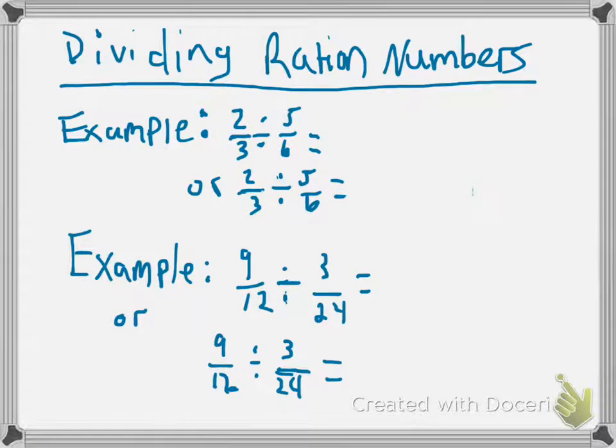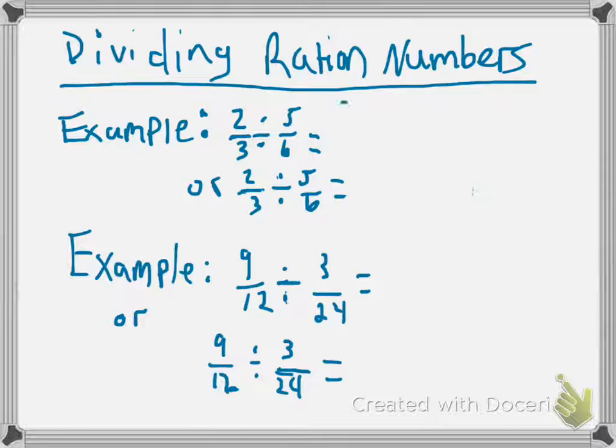You also can divide rational numbers. And just like multiplying, you don't have to find a common denominator. But what you have to do is take the second fraction and take the reciprocal of it. So you have 2/3 divided by 5/6.